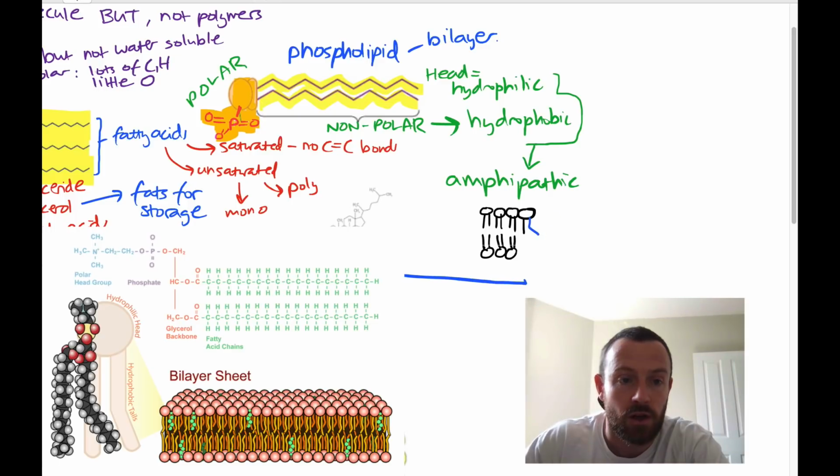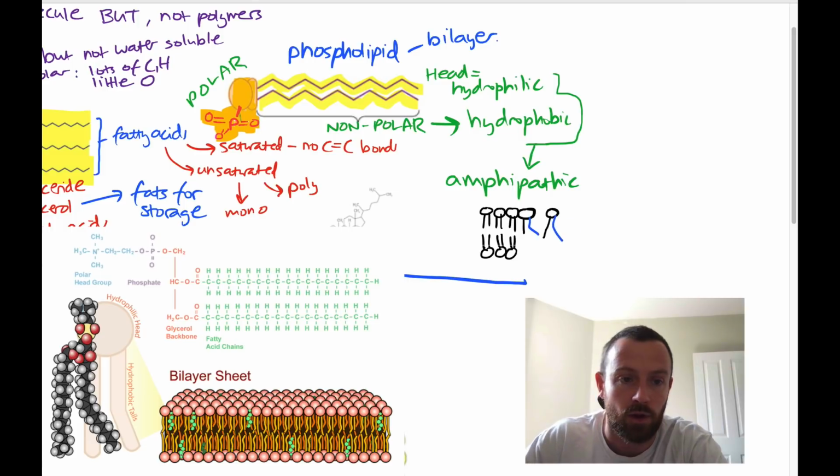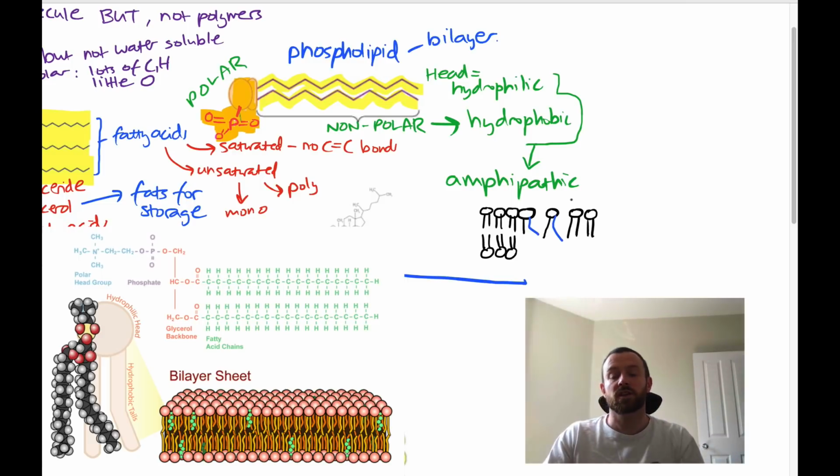When you introduce an unsaturated fatty acid, the neighbouring phospholipid can't get as close to it, because of this kink in the molecule. So the phospholipids are spaced further apart. By introducing unsaturated fatty acids into a membrane, you make it more fluid. The phospholipid molecules can't pack tightly together.